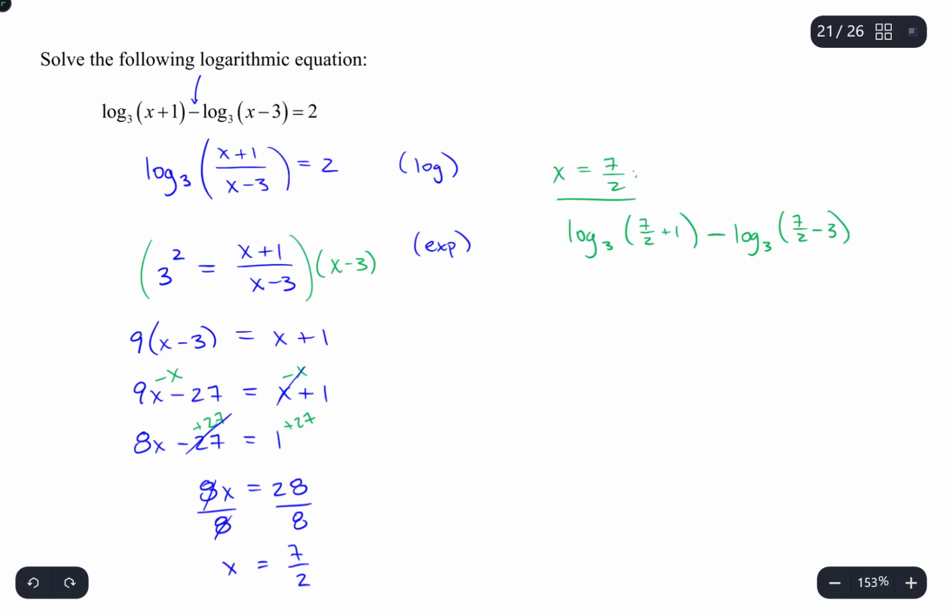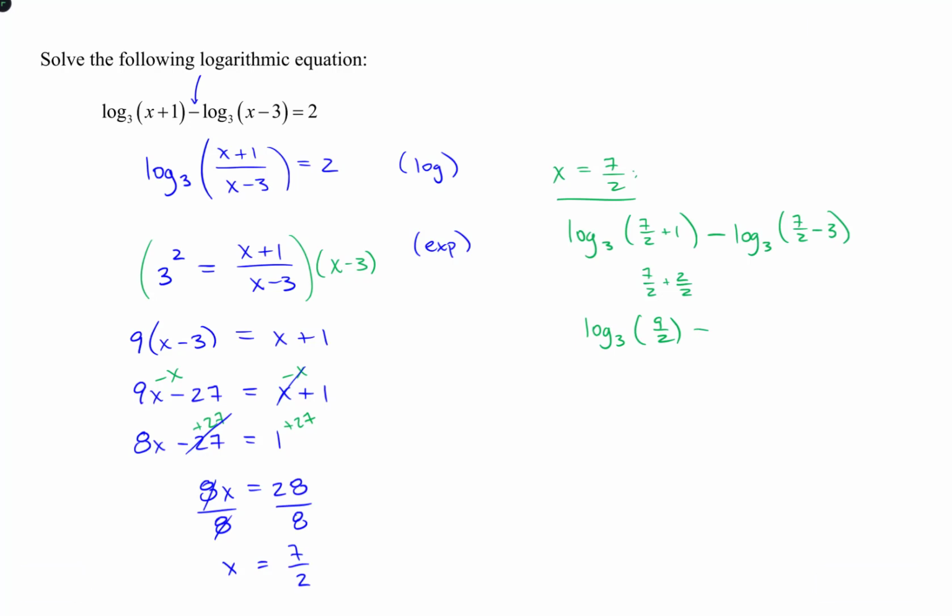So 7 halves plus 1, we don't really need to do a lot of testing with because 7 halves is a positive number. If you add 1 to a positive number, it's more positive. So if you want to go through the fractions, that's fine. It would be 7 halves plus 2 halves, which results in 9 halves. So log base 3 of 9 halves is perfectly okay because 9 halves is positive.